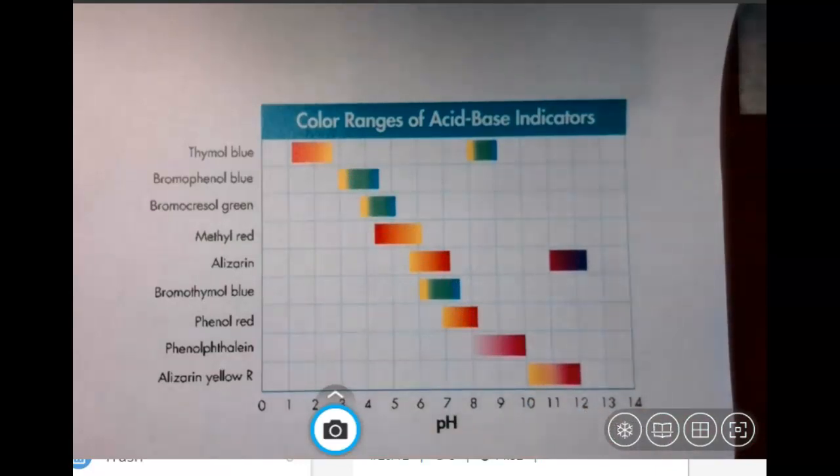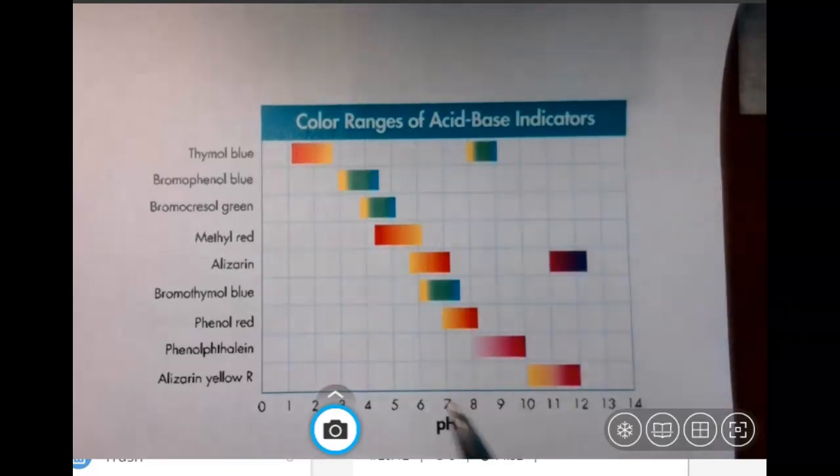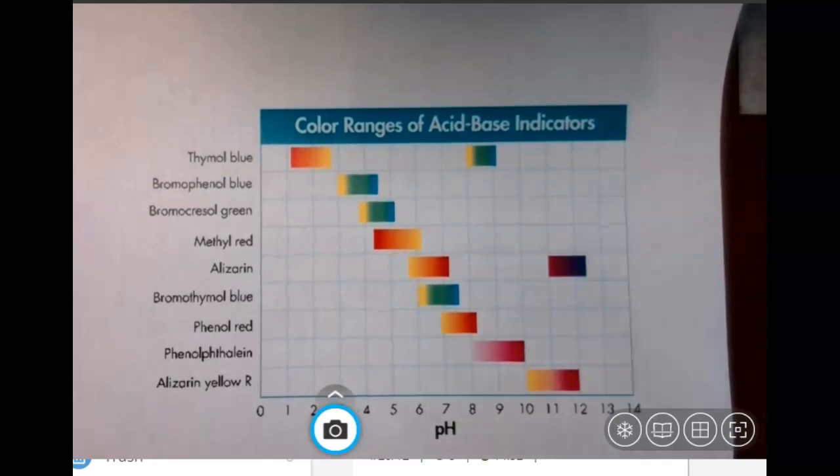You dip this paper into your solution, and it will turn color, and then it usually comes in a box or a bottle that has a color code on the outside of it, and you match the color up with the color code, and that tells you approximately what the pH is. Now, this isn't going to give you a real precise number, but it'll tell you if the pH maybe is 10 versus 8 versus 7.